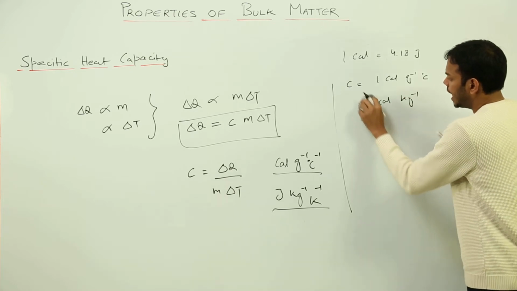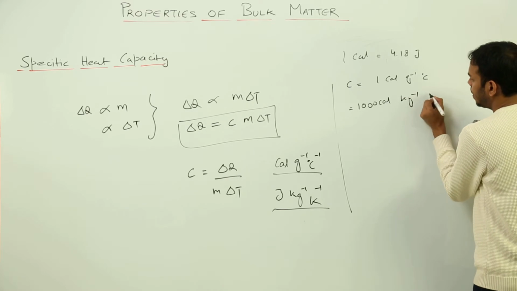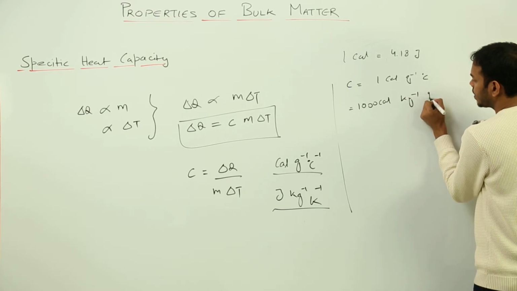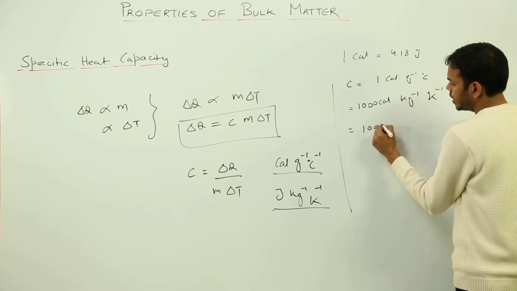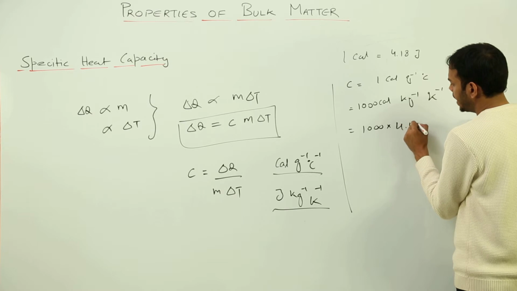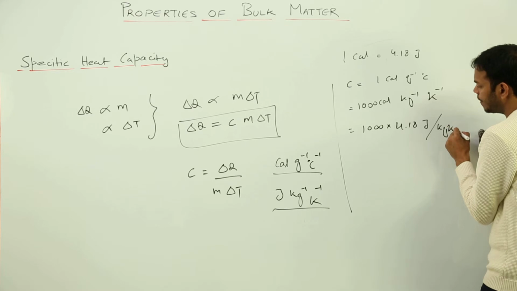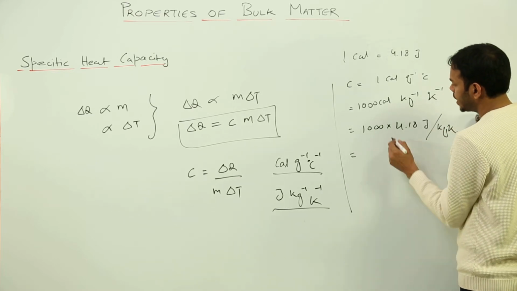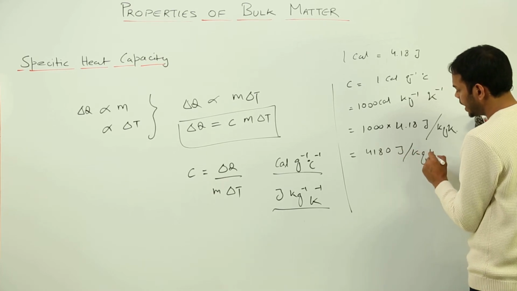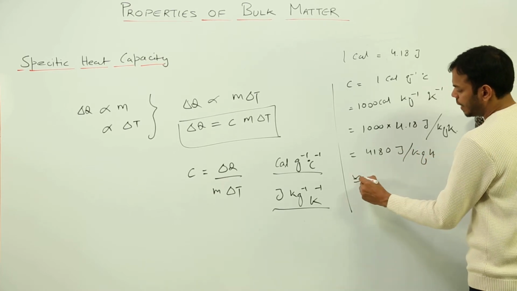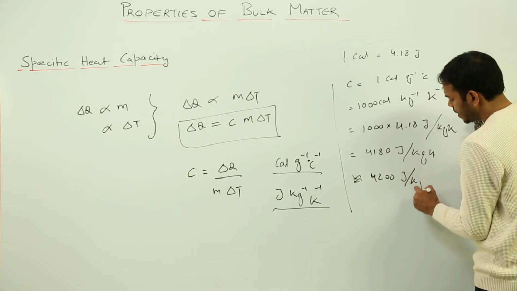That means here I'll have 1000, right? And per Kelvin, so Kelvin minus 1. Now changing calorie to joules, 1000 into 4.18 joules per kg Kelvin. I prefer writing it this way, it's more convenient. So this becomes 4180 joules per kg Kelvin, or in numericals we take it as 4200 joules per kg Kelvin.